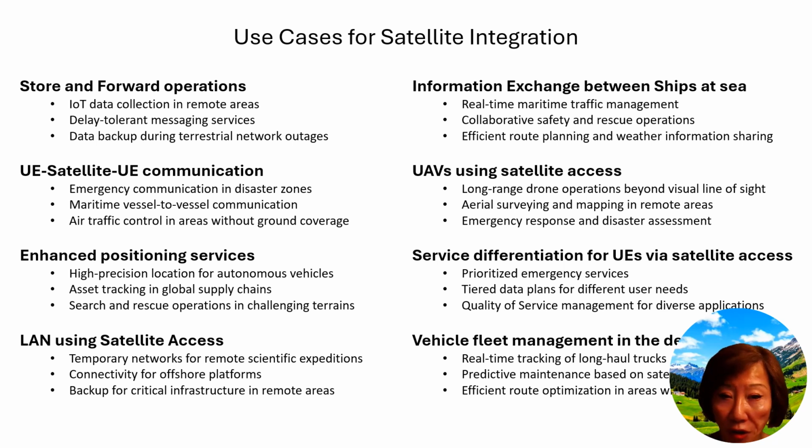Service differentiation via satellite access ensures critical communications are prioritized, and diverse user needs are met. Finally, vehicle fleet management in remote areas like deserts benefits from continuous connectivity for tracking, maintenance, and route optimization.